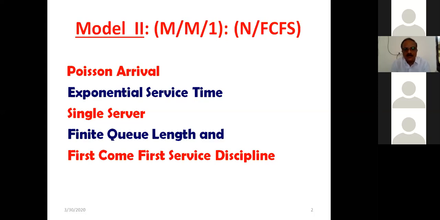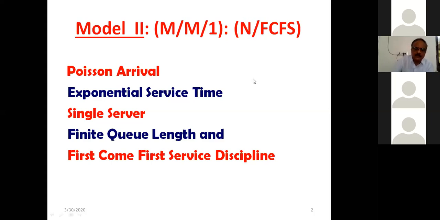But the second model says that the doctor has considered some limitation, and he has decided to treat only a finite number of patients. For example, the doctor decides that he will attend only 50 patients. If you put that limitation, then the model becomes a finite queue length model. And this model too is a finite queue length model, and N is indicating a finite number here.